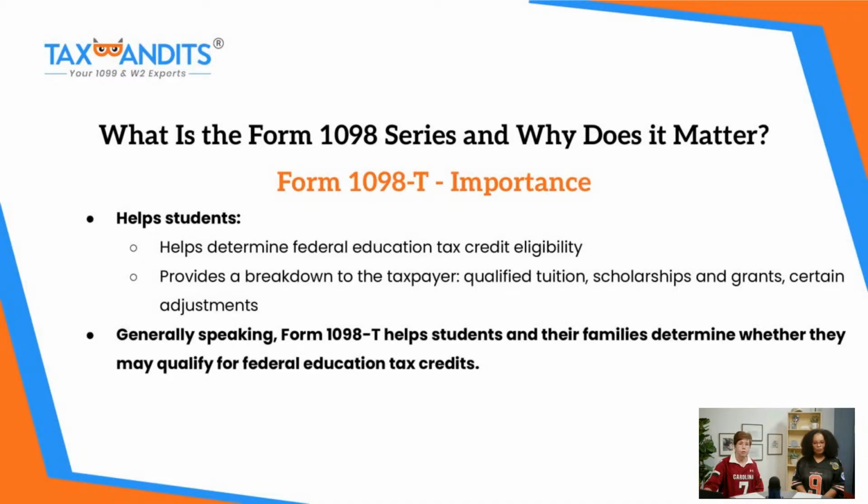It helps students determine federal education tax credit eligibility, and it provides a breakdown to the taxpayer, qualified tuition, scholarships, and grants, along with certain adjustments. Generally speaking, Form 1098T helps students and their families determine where they may qualify for federal tax credits.